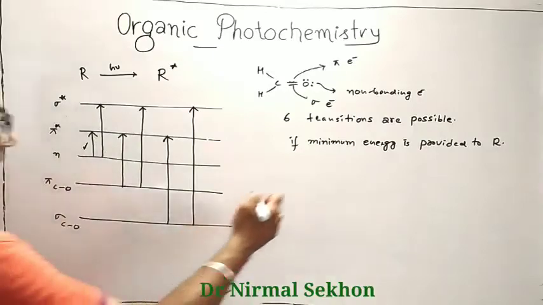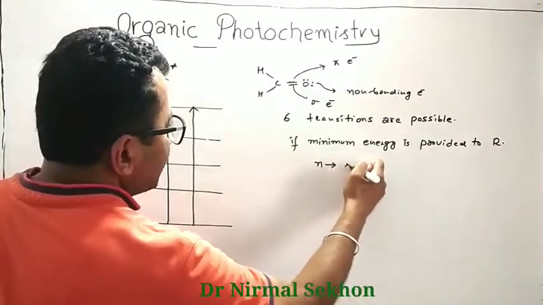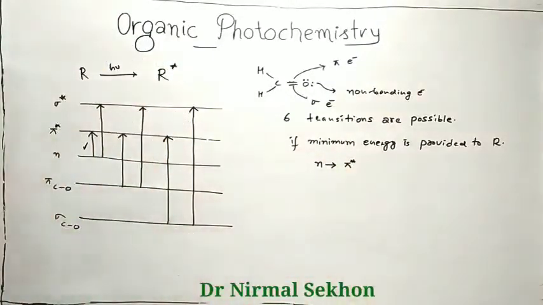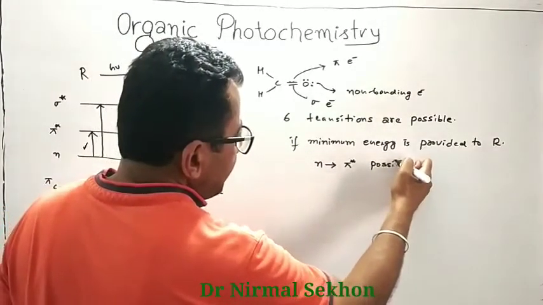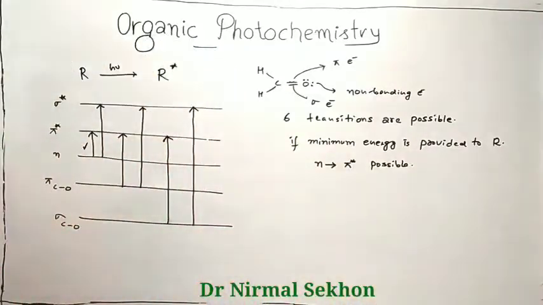Obviously, your N to pi star transition is possible. So when we are using a minimum energy, only N to pi star transition is possible. So we will discuss only the N to pi star transition.